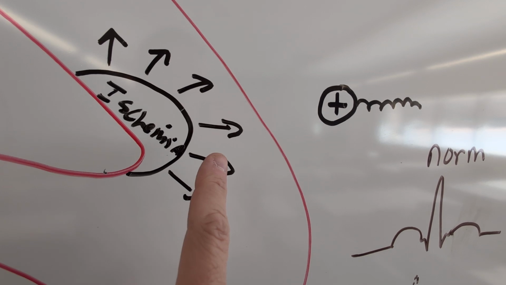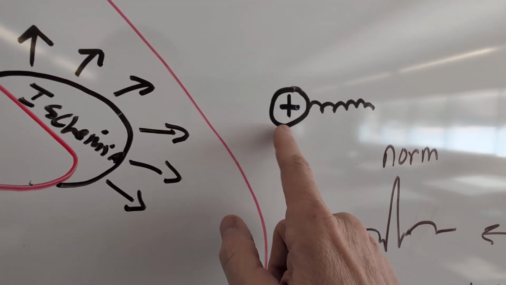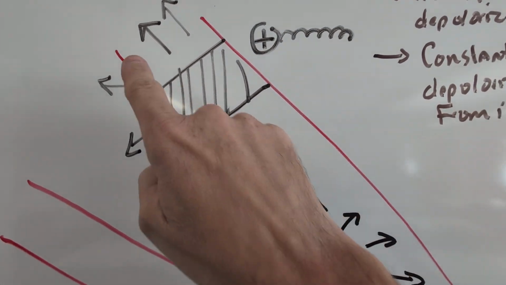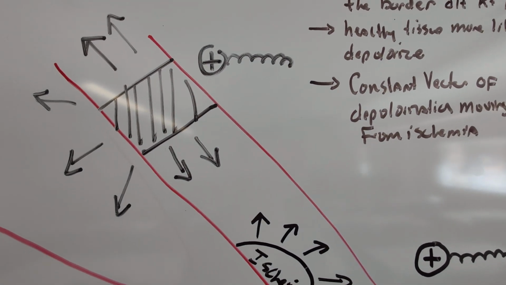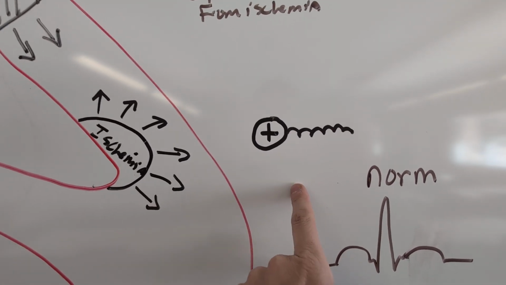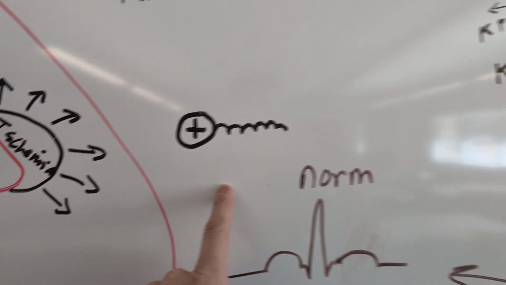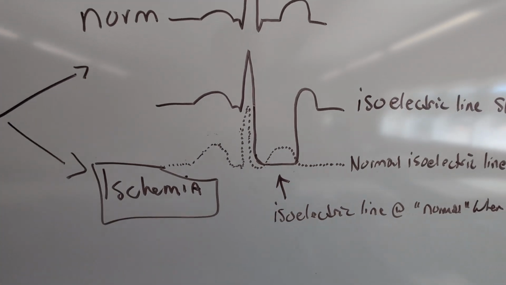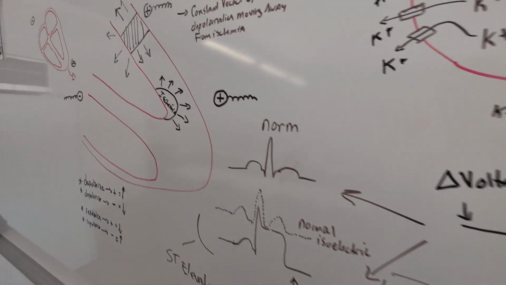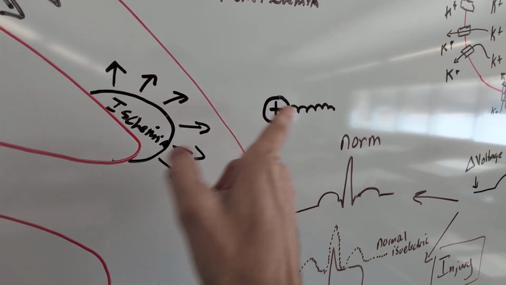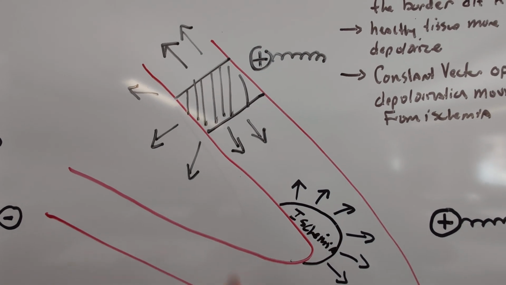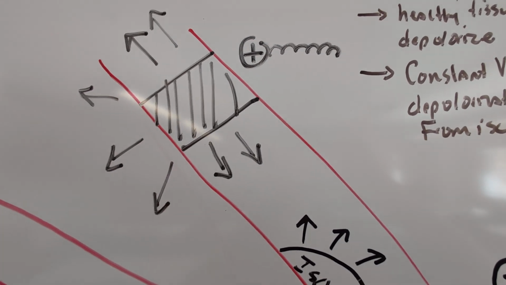That current of injury will constantly be moving toward the positive electrode, unlike with transmural, where it's constantly moving away from or perpendicular to the positive electrode. So you're going to have a constant flow moving toward the positive electrode, and what has been suggested is that this is actually going to shift the isoelectric line up instead of down, because now I have a constant signal moving toward the positive electrode as opposed to away from or perpendicular, as is the case with transmural ischemia.